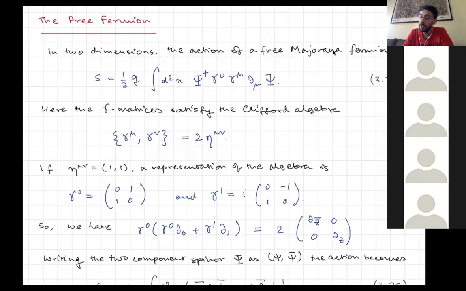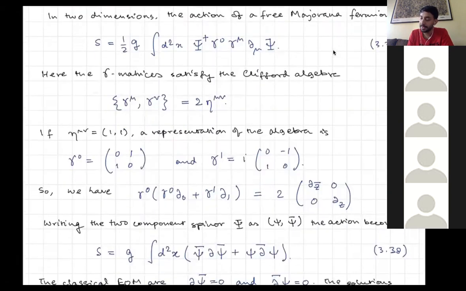If you look at Euclidean dimensions, or if you want to have the signature (1,1), a representation of this algebra is gamma naught equal to this and gamma 1 equal to this. If you had a sign out here, this would actually drop off.